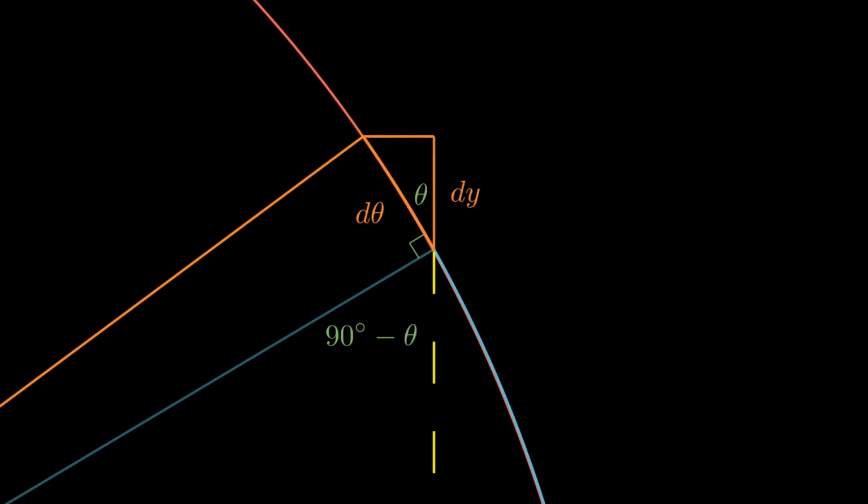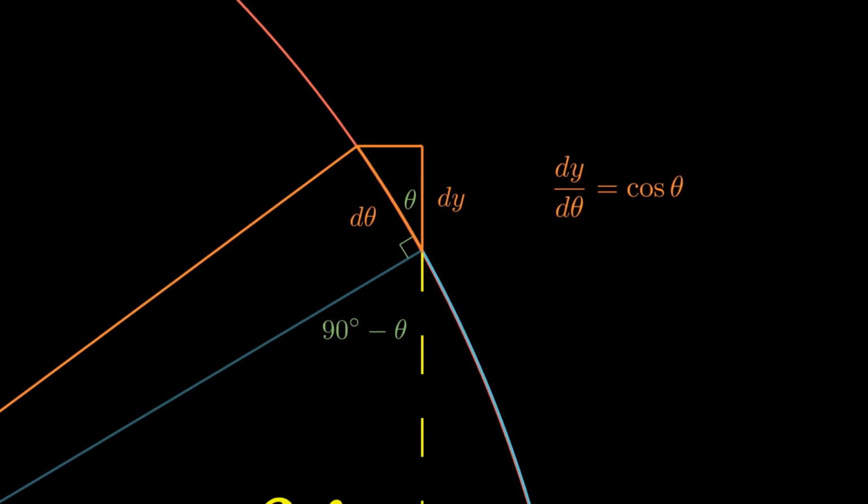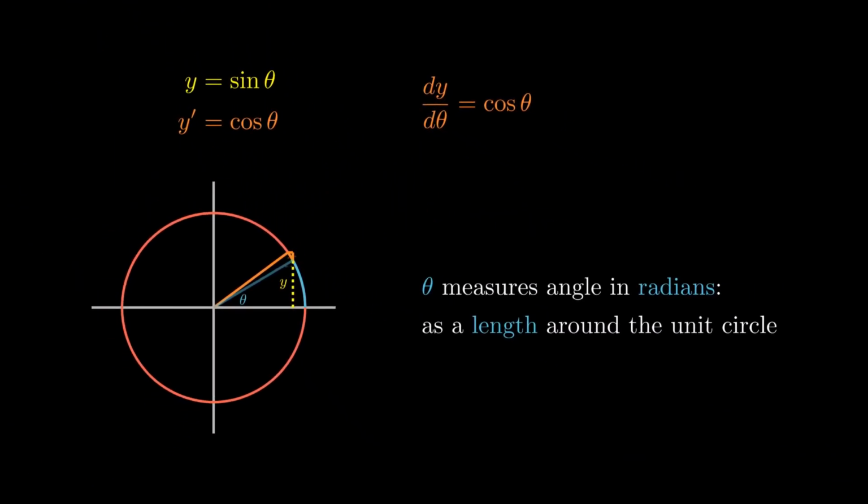And that is enough to establish the relationship between dy and d theta in the orange right angle triangle. Relative to the angle theta, dy acts as the so-called adjacent. D theta is of course the hypotenuse, meaning dy over d theta is just cosine theta. And we're done, okay? That's the derivative of the sine function, okay?